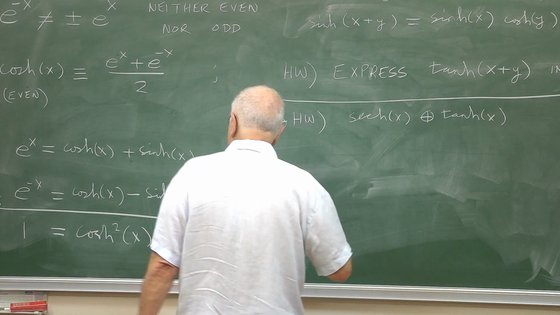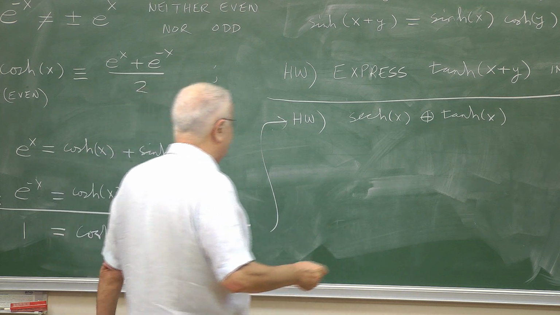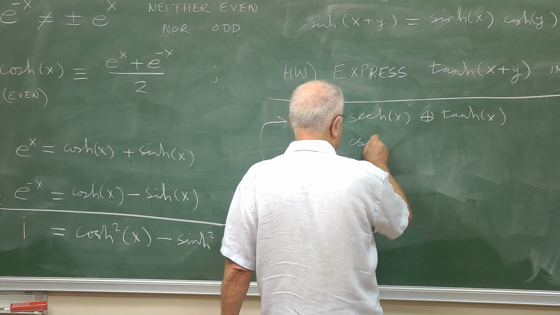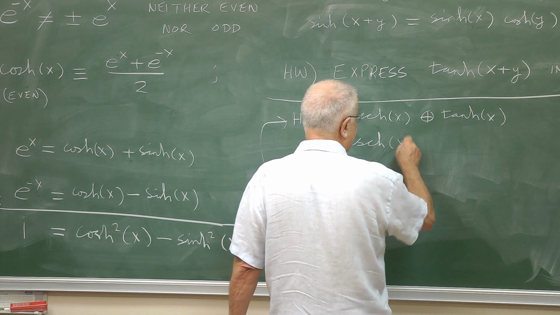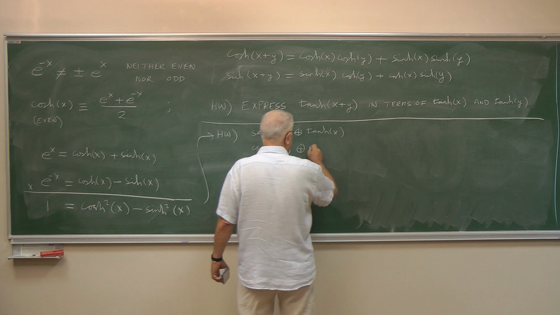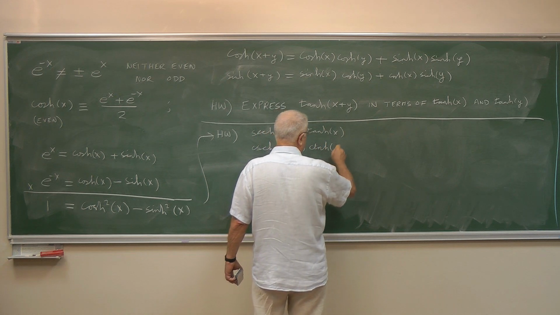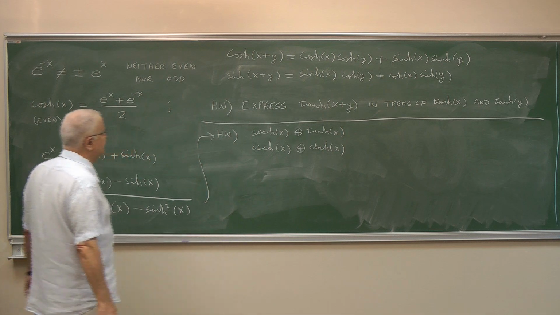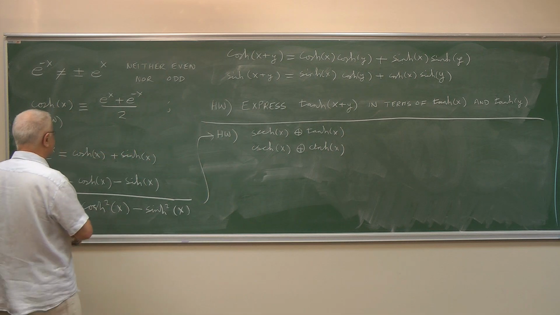And if one divides by sinh square, then there will be hyperbolic cosecant x and hyperbolic cotangent x. These are easy and trivial things.